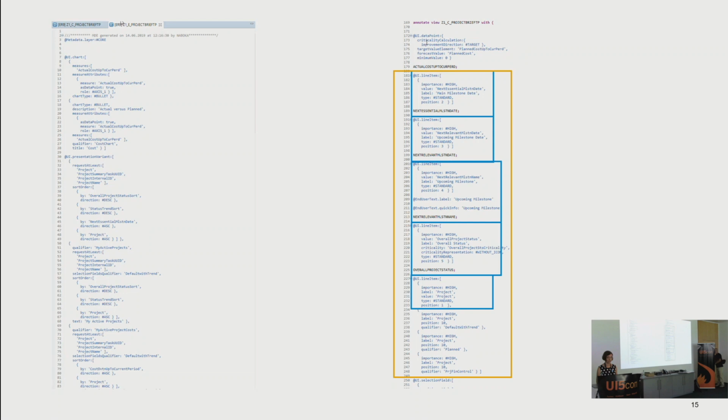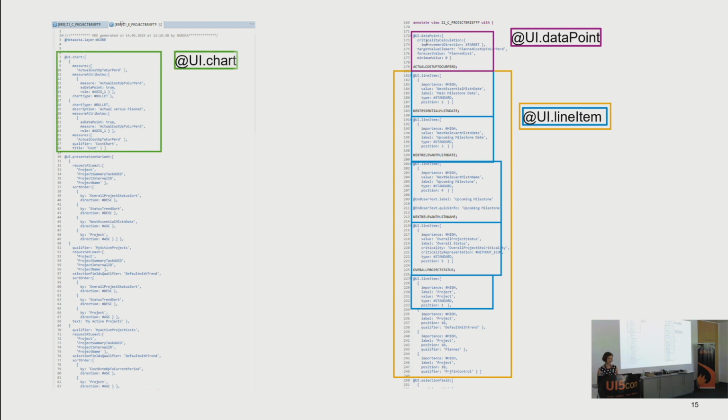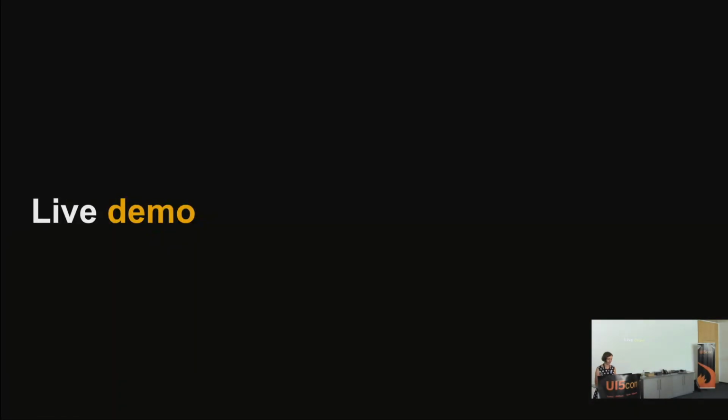As you see in the backend, the syntax is different. Even the approach is different, because in OData you have an annotation and you fill it with the properties. And in CDS you have properties and you annotate them with annotations, so it is a little bit different even in the approach.